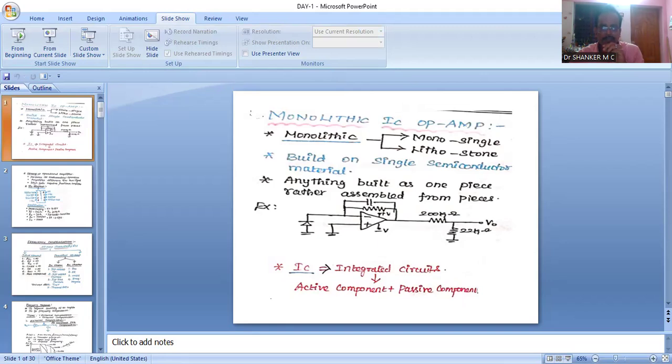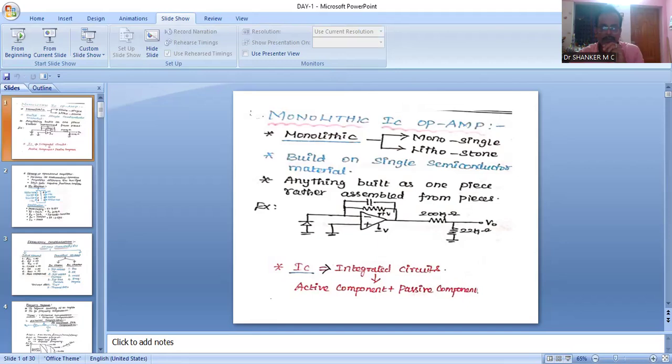When we take these two kinds of functioning, the common mode rejection ratio we can obtain. That rejection ratio is denoted by rho, that is CMRR, which is equal to the modulus of AD divided by AC, that is differential gain divided by common mode gain. In terms of a logarithmic function, it is 20 log base 10 AD divided by AC.